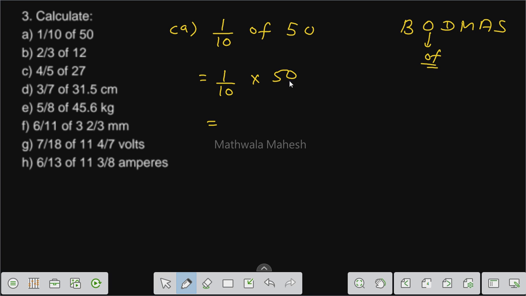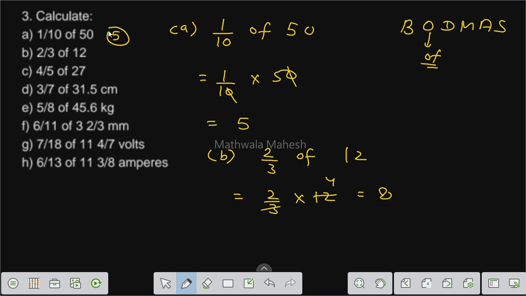And 1 by 10 into 50 is 5. Okay. So the next one is 2 by 3 of 12. It means 2 by 3 into 12. It is 4 into 2 is 8. So the first one is 5, second one is 8.